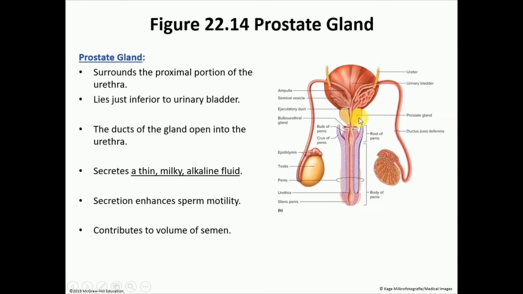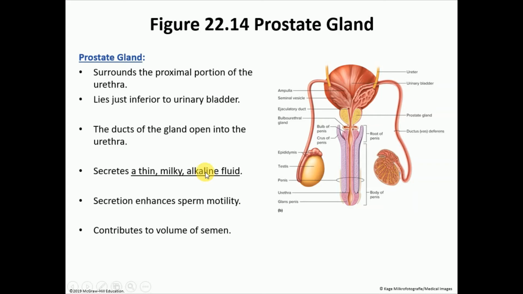The prostate gland surrounds the upper part of the urethra. In the middle, you'll find the urethra and the ejaculatory duct. It definitely contributes to some extent to the volume of semen. It secretes a thin, milky alkaline fluid, so that milky color of semen is really because of the secretions of the prostate gland.